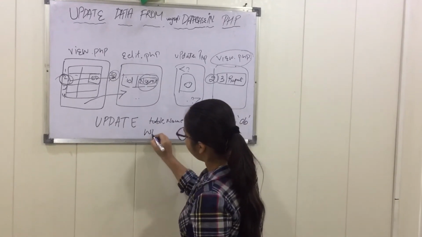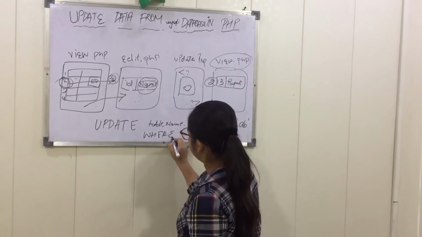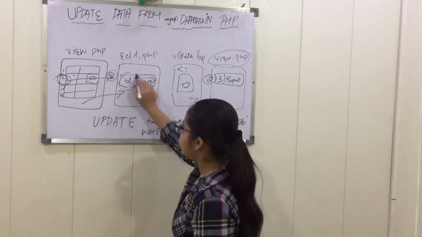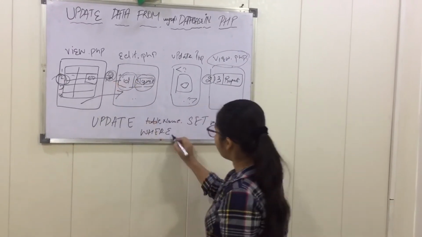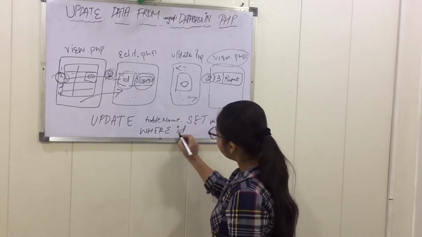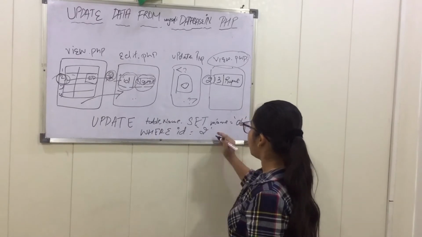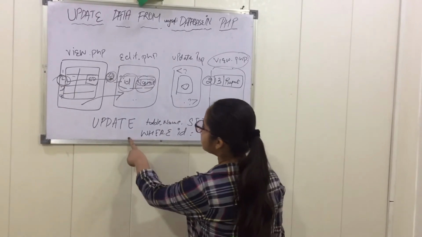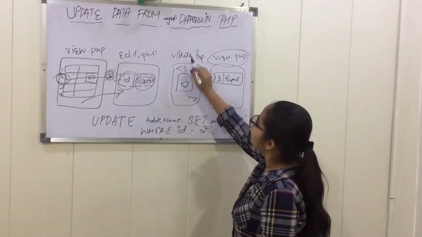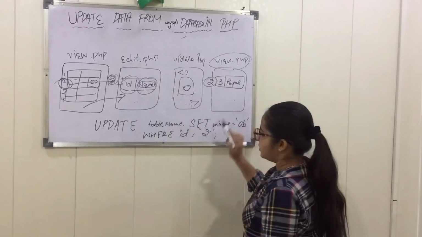After that where, my ID which is number 2. So I will write where ID is 2 in single quotes and then a semicolon. So this is the syntax to update the data in the MySQL database using PHP.